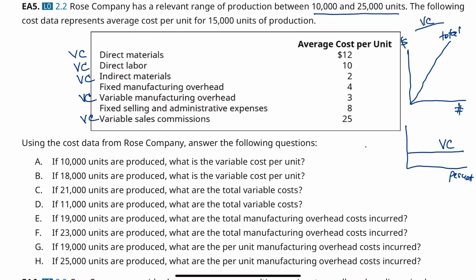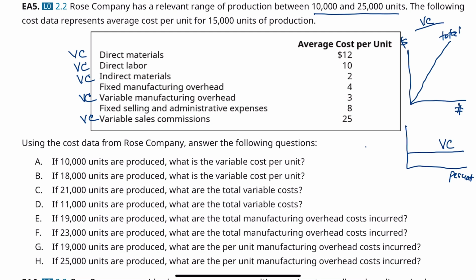So if material and labor are $10 together plus variable manufacturing overhead is $10, that's going to be the same for the second t-shirt that you are producing. So $10, $10, $10, $10. So the per unit cost is going to be fixed, or constant.